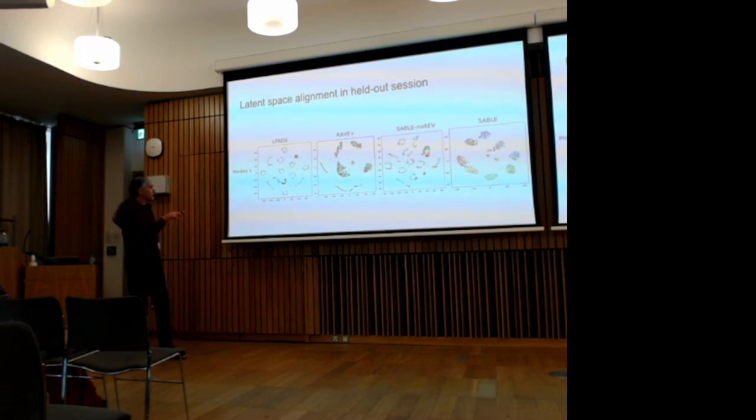Now here's another domain adaptation model that we use for comparison, but I won't go into that here. And this is SABLE, the model I just explained to you. What you can see is two things. First of all, these big triangular blobs, which are the unseen session, now align very nicely with the correct locations in the latent space that identify different directions.